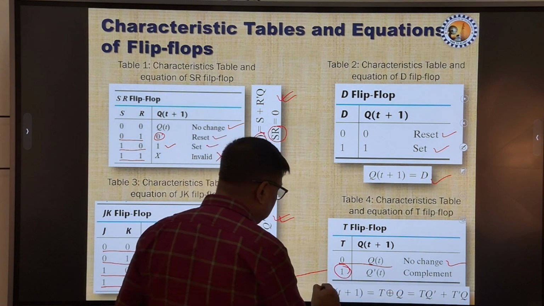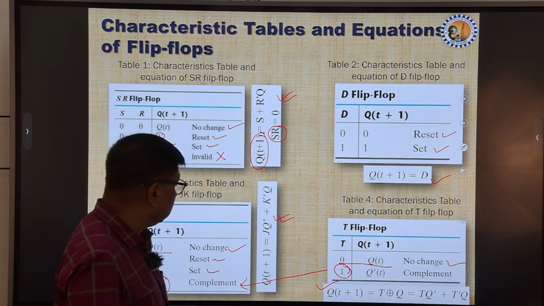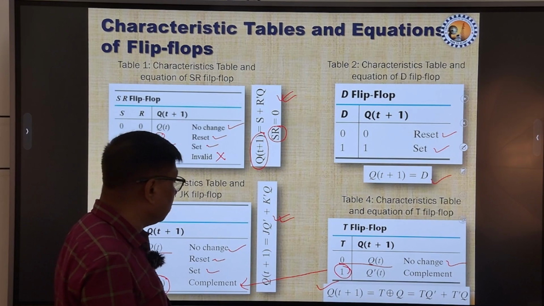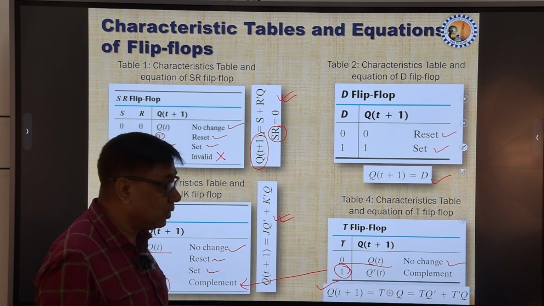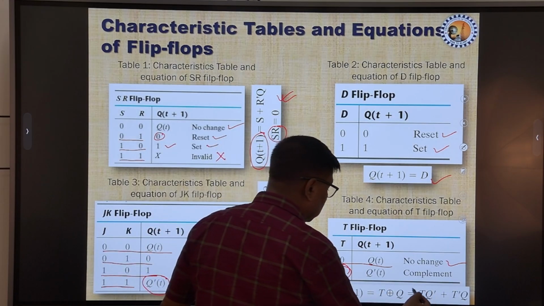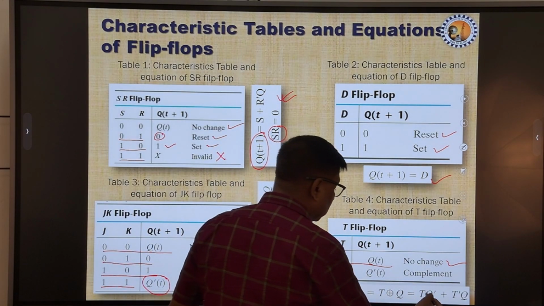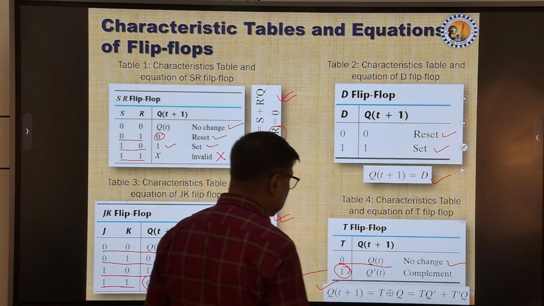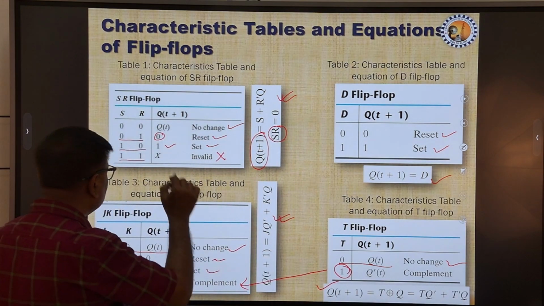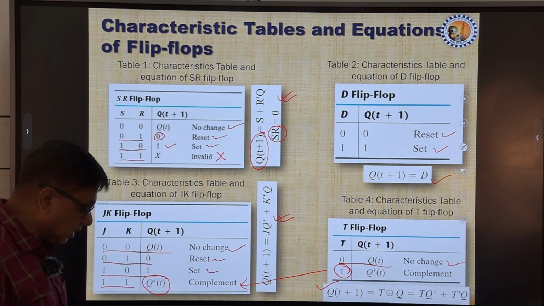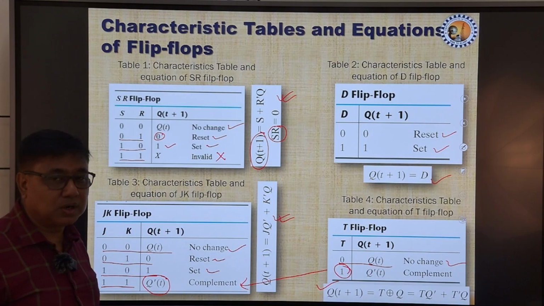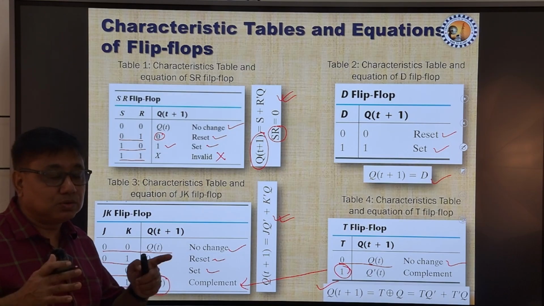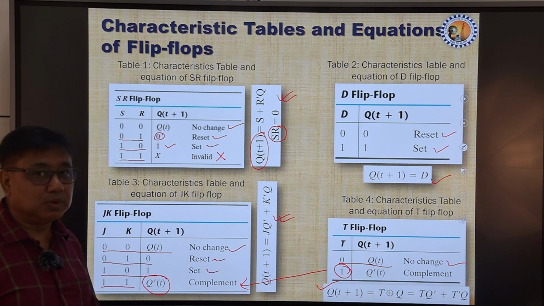And this is the characteristic equation governing the input-output relation in the case of the T flip flop. It is T XOR Q, which in expanded form looks like this. This characteristic table and characteristic equation are extremely important to us when we design digital sequential circuits.